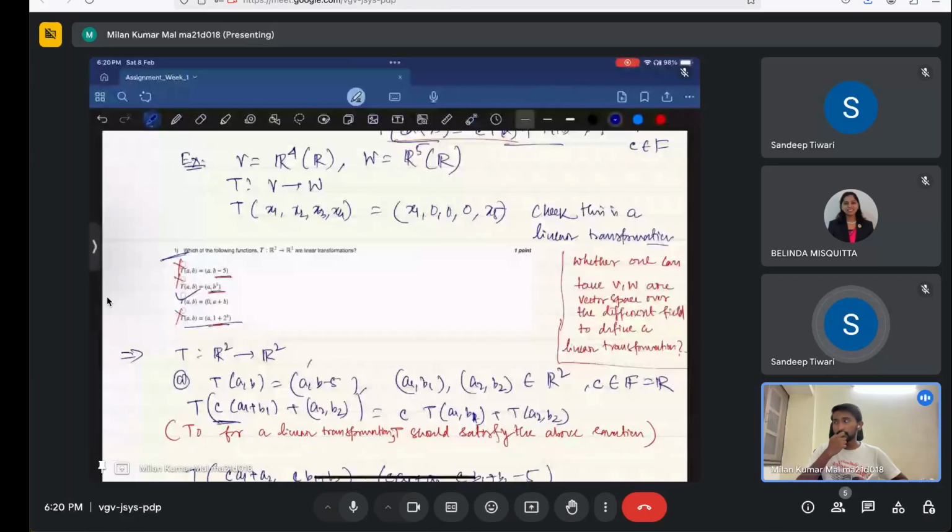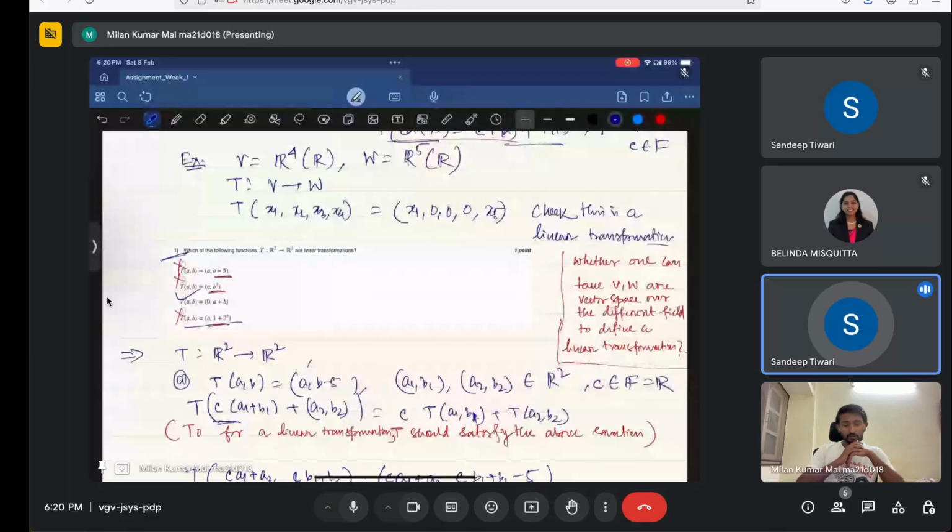Not necessarily so, but let's consider the right-hand side field is complex numbers and the left-hand side field is real numbers. In that case, can we define it?